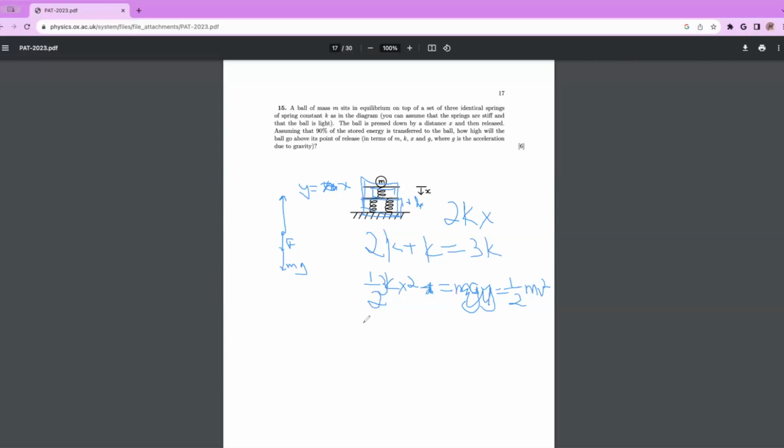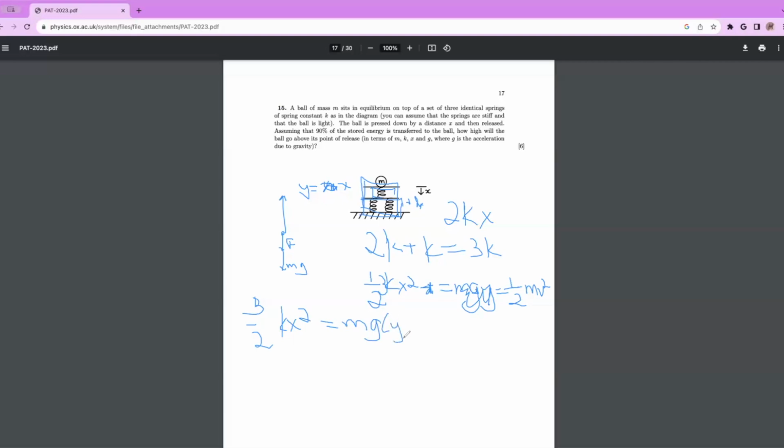So if we do that, we can actually probably just say 3/2 kx squared is going to be equal to the change in height. And the change in height is y final minus y initial.